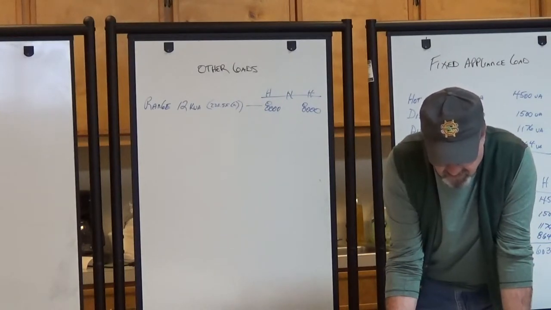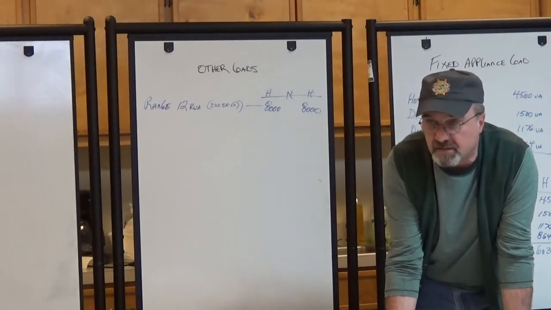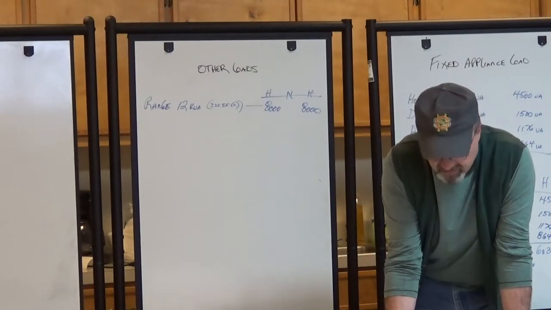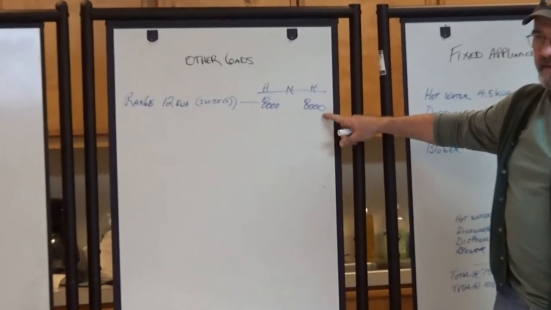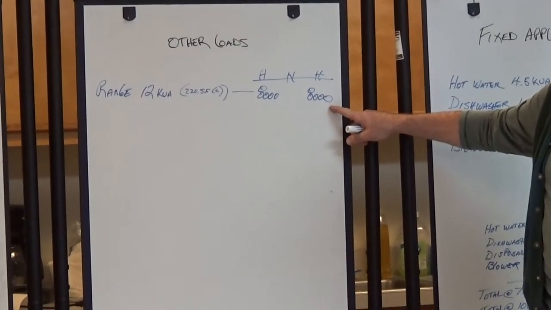So it says the feeder or service supplying household electric ranges, wall-mounted ovens, counter-mounted cooking units, and electric dryers where the maximum unbalanced load has been determined by Table 220.55 for ranges, or 220.54 for dryers. Basically what they're saying is that we can take the demand for the range and apply a 70% demand factor to it.